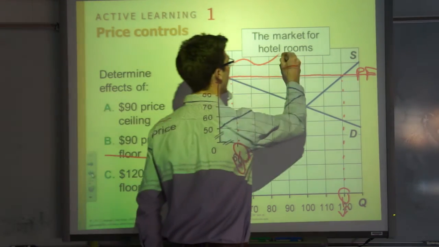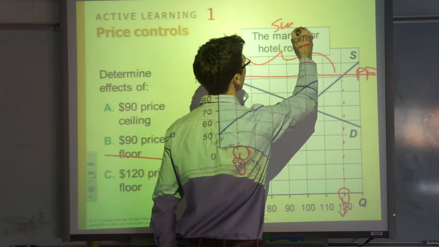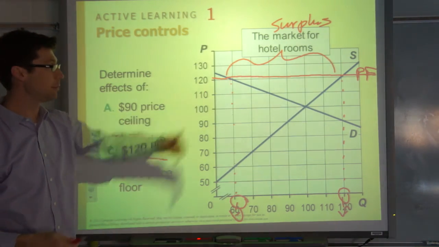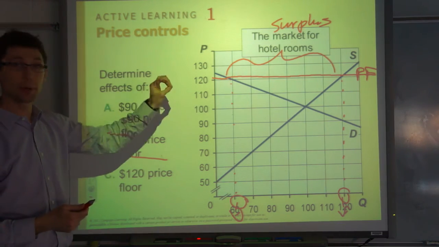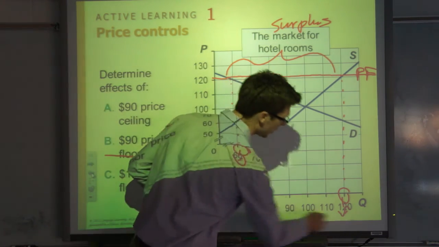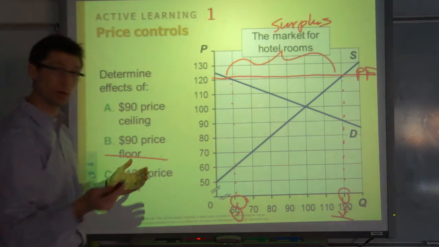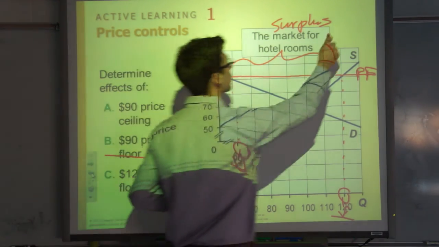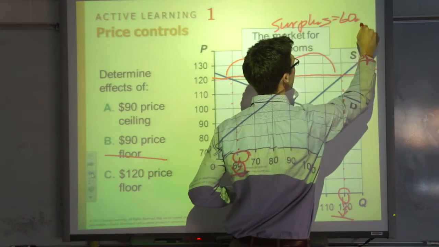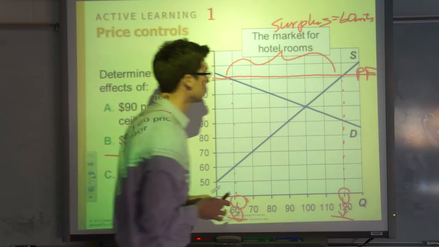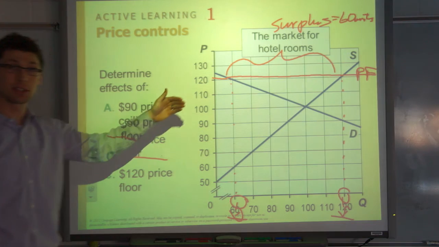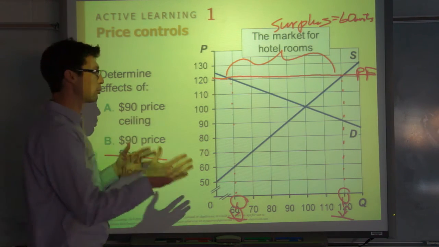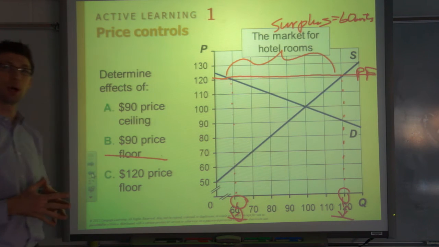So now we have a serious surplus. We have a lot of people who are willing to open up their hotel rooms, 120. But we only have a few individuals looking for hotel rooms at that price, 60. You have a surplus equal to 60 units, 120 minus 60. And obviously the government has intervened and achieved a different price. It was 100, now it's up to 120.